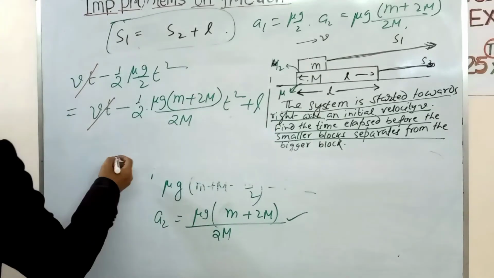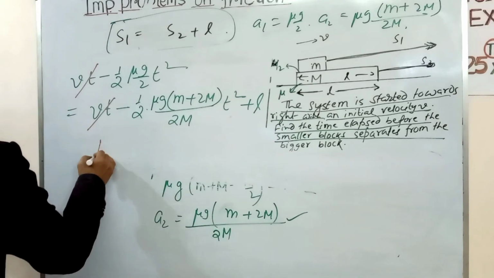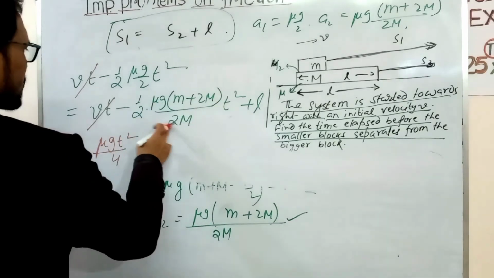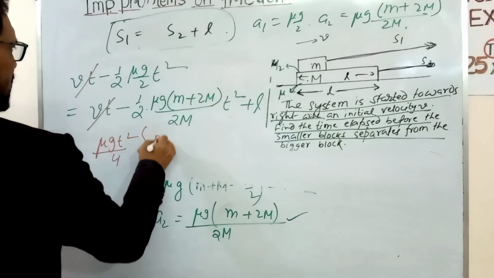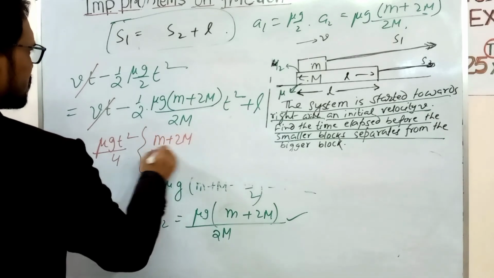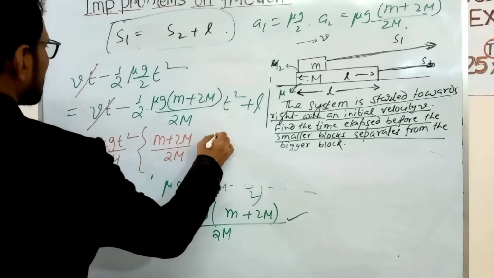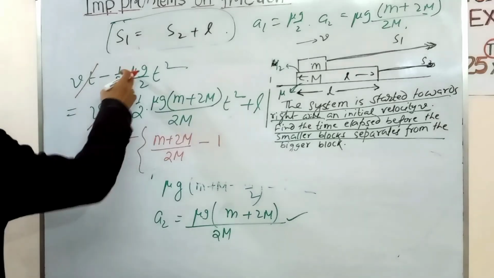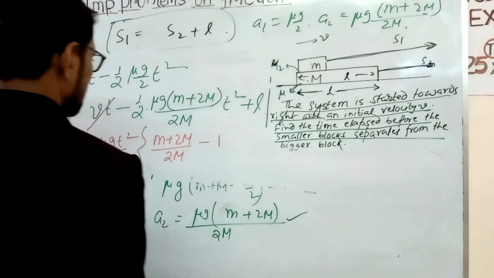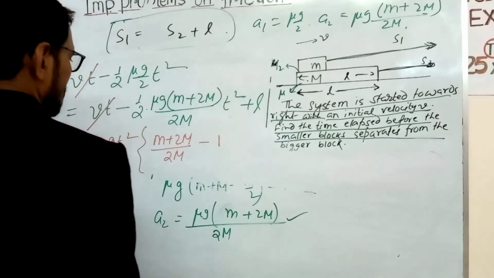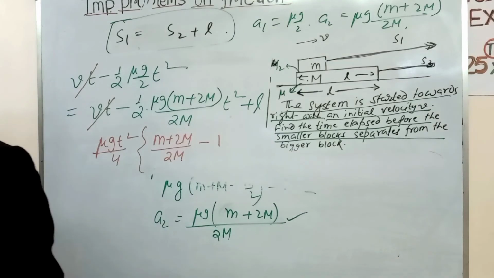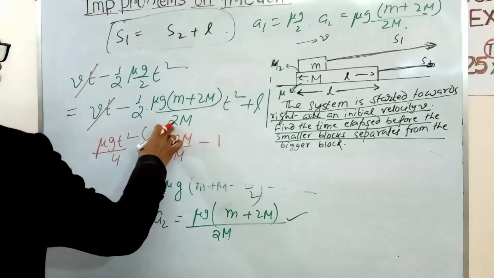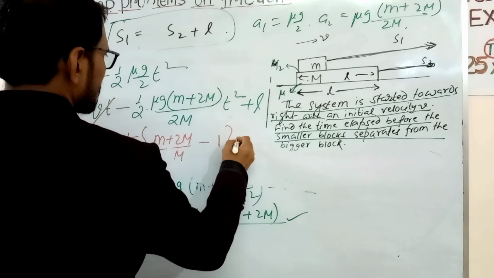Now take common mu g t square by 4. If you take mu g t square by 4 common, what comes? (2M plus m) by M minus 1, equal to L.